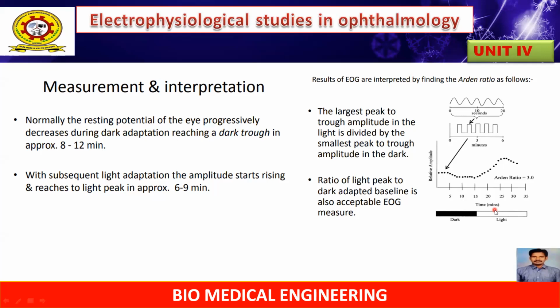In this way, EOG signals show a function of the retina. Any disease that interferes with the functional interplay between the retinal pigment epithelium and photoreceptors will produce an abnormal or absent light rise in the EOG.